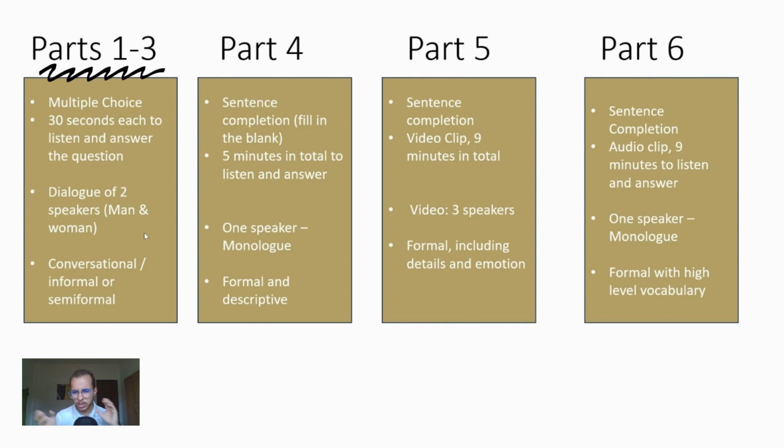So it's a conversation between two people choosing a restaurant. Things about daily life. So it's a soccer team planning their vacation. Or you're listening for information. Someone is asking directions on how to get there. So this is a dialogue between two people. Parts 1 and 3 start very conversational and they work themselves into semi formal. It's mostly informal information.